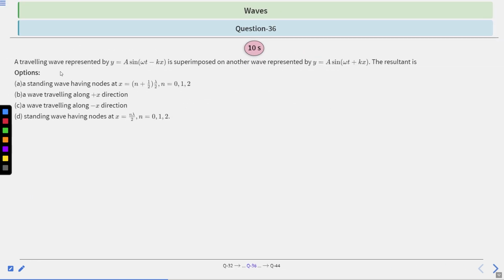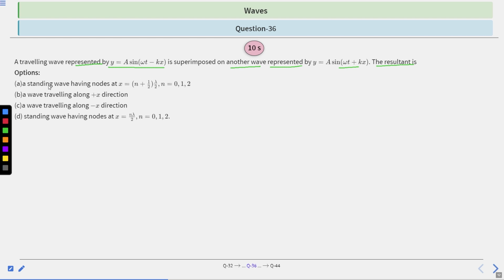Next question, 36. A traveling wave represented by y equals a sin(ωt minus kx) is superimposed on another wave represented by y equals a sin(ωt plus kx). What is the resultant?